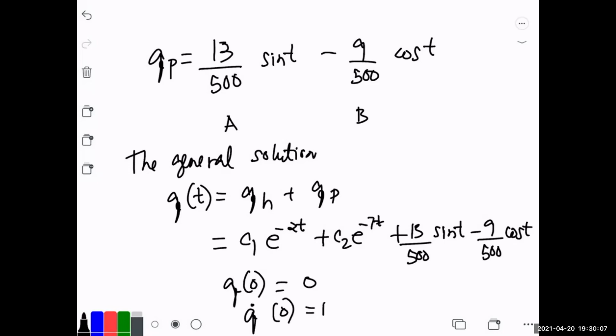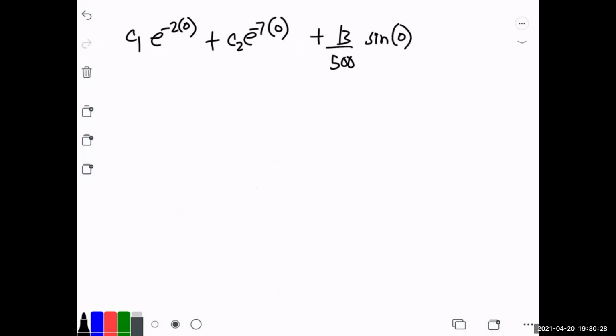So applying that condition, c sub 1 e to the negative 2 times 0 plus c sub 2 e to the negative 7 times 0 plus 13 over 500 sine of 0 minus 9 over 500 cosine of 0 is equal to 0, which is the initial charge.